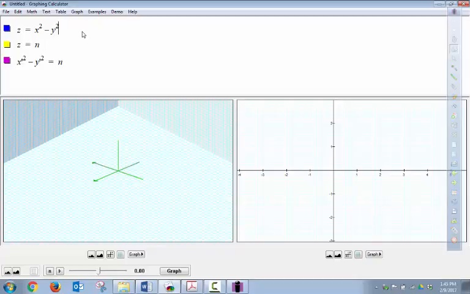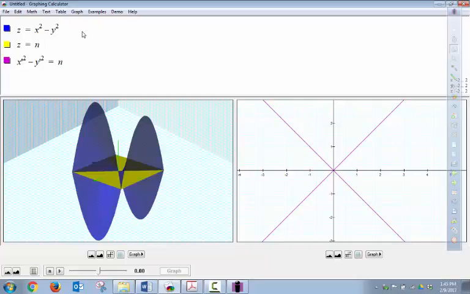And then if you take the square root, you'll see that x is equal to plus and minus y, or y is equal to plus and minus x. So that's a y equals x line and y equals negative x line. So it actually is 2 lines that come out.